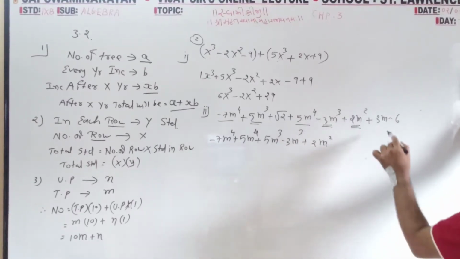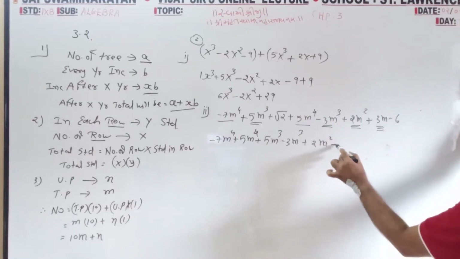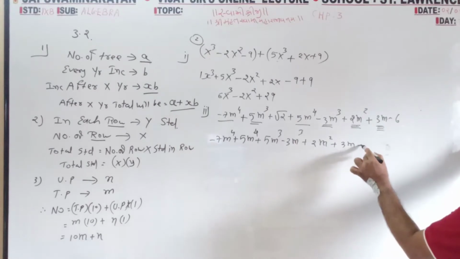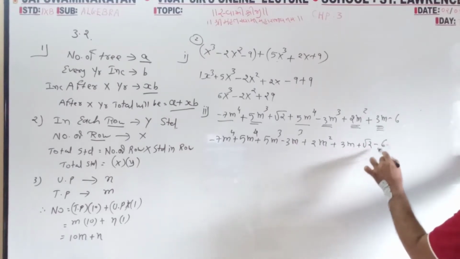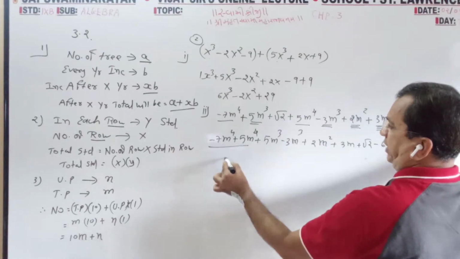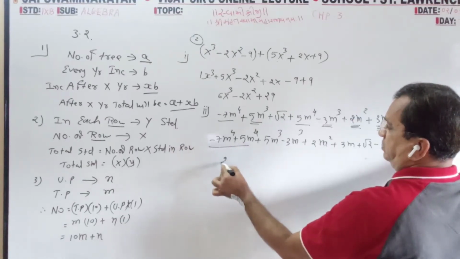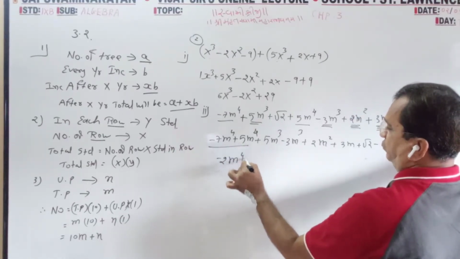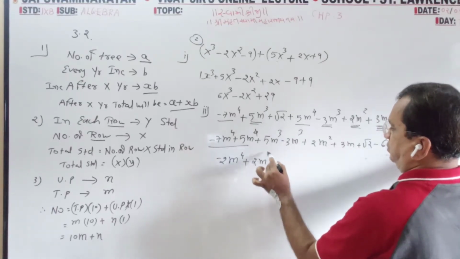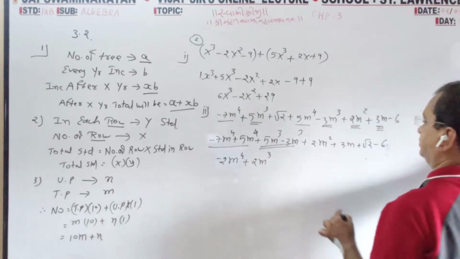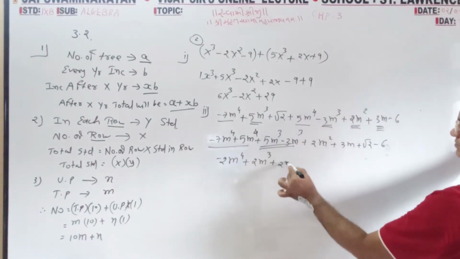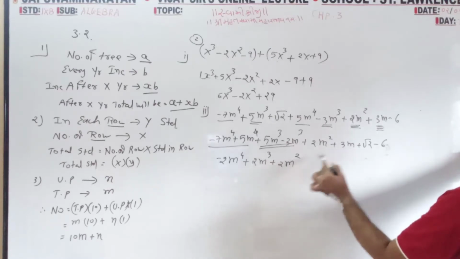Then only 1 power. Then only number. So minus 5 plus 5, minus 7 plus 5, minus 2, m raised to 4. 5 minus 3, 2, m cube. Only single term, repeat.